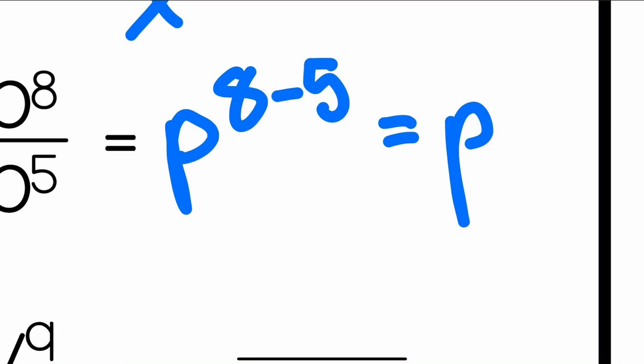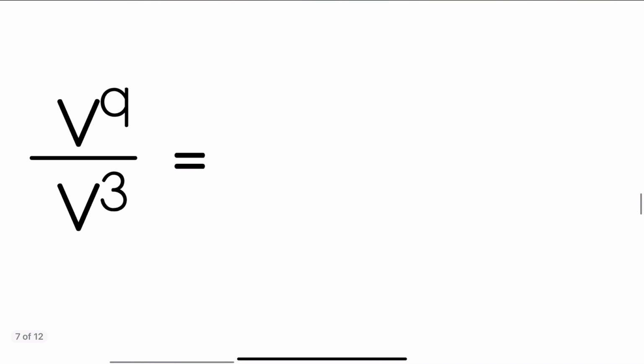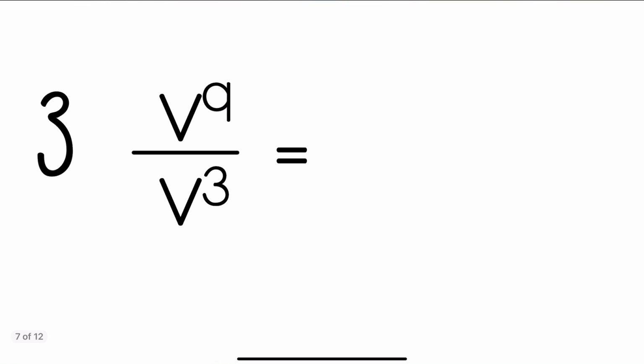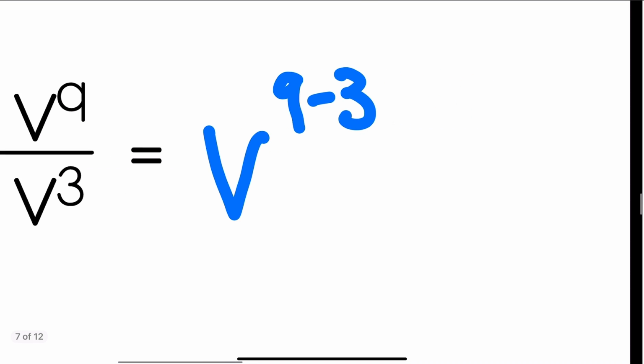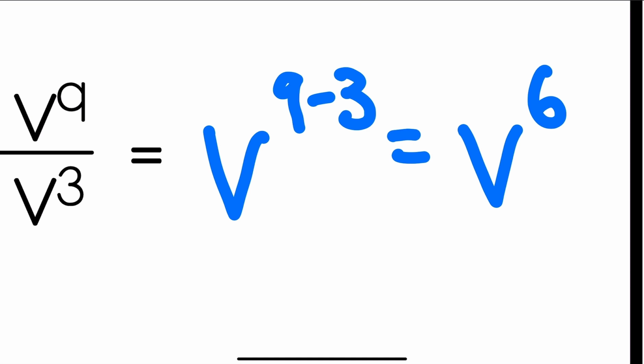So that'll be p to the 3rd power, because 8 minus 5 is 3. All right, let's do the next one. We got v to the 9th over v to the 3rd. So I'm going to keep my base of v, and we could do 9 minus 3. So that'll be v to the 6th power.